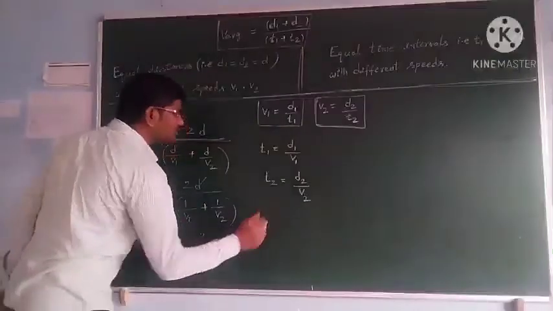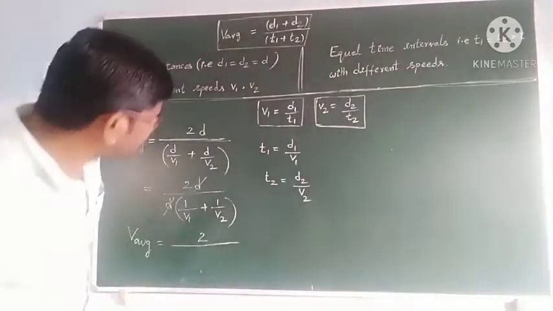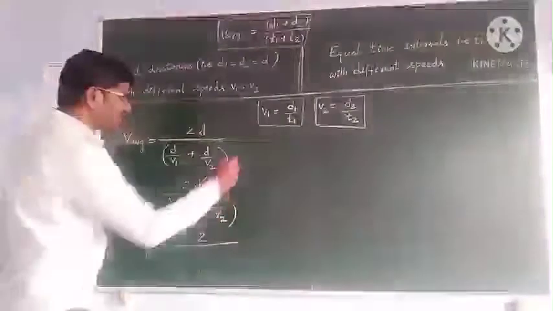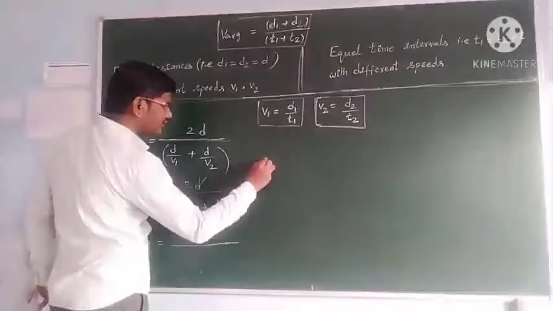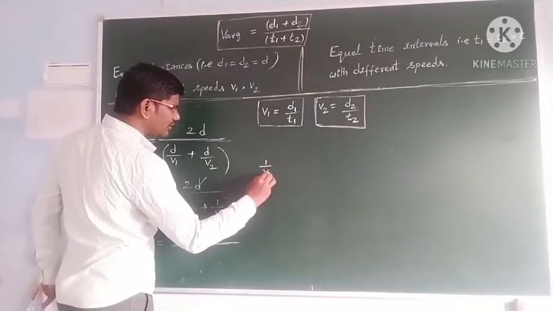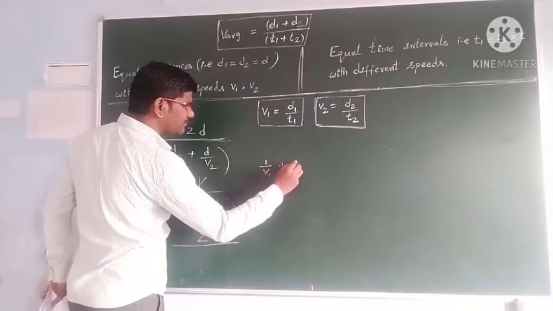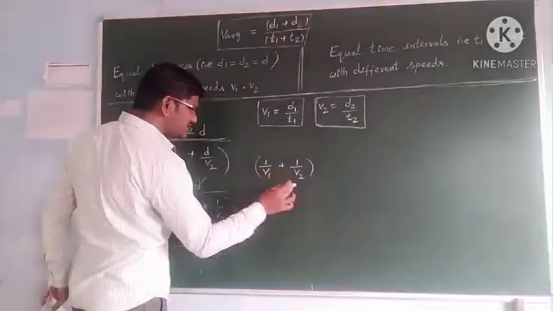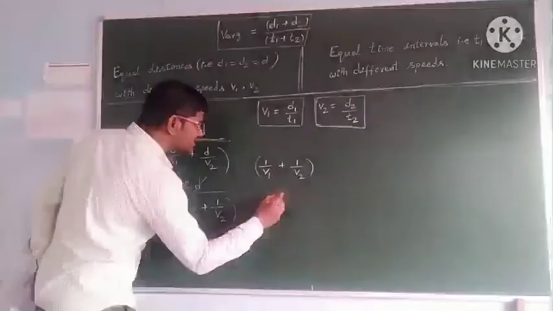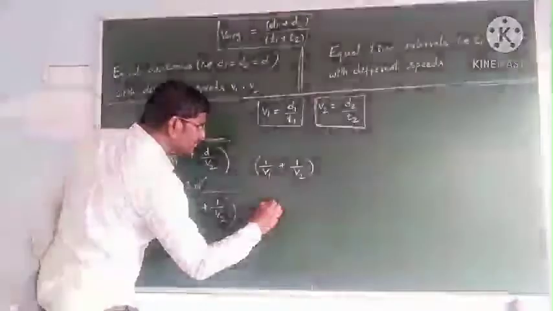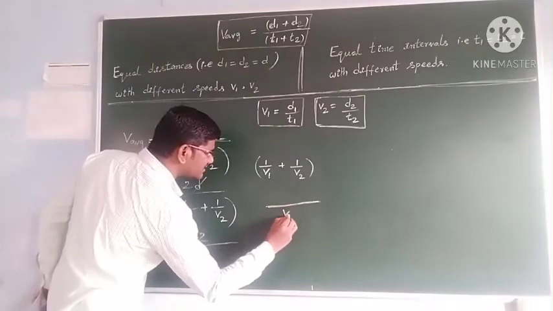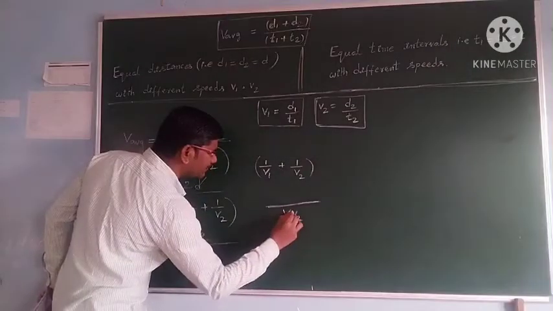So see here, in the denominator we have 1 by v1 plus 1 by v2, and the LCM for this is v1 v2.